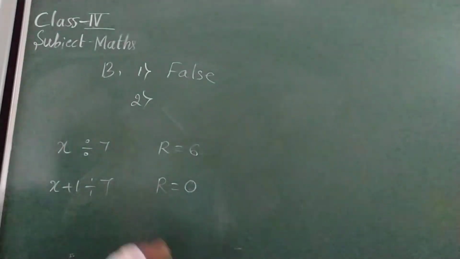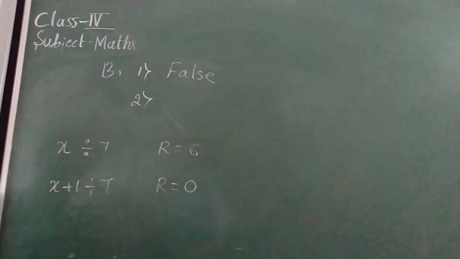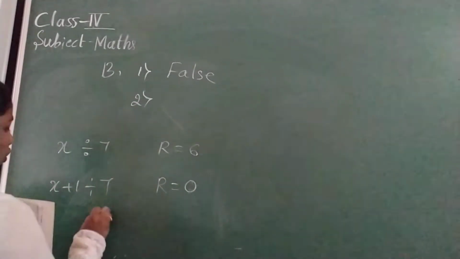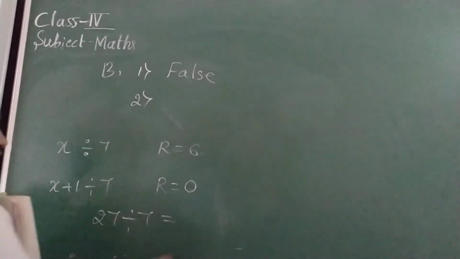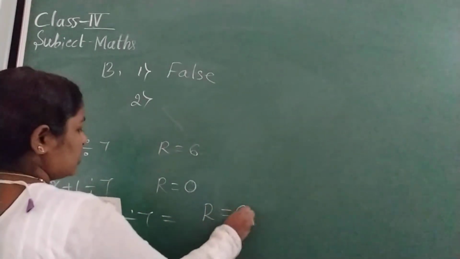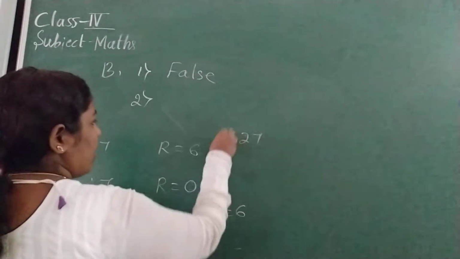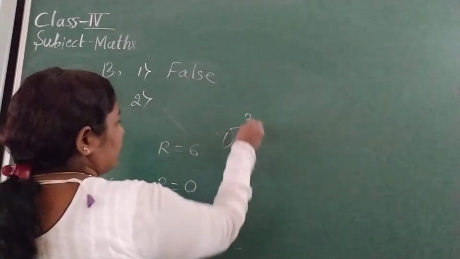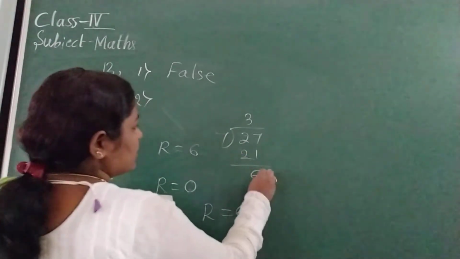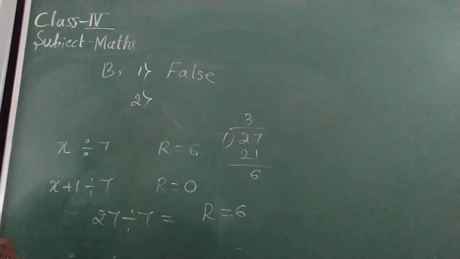I will tell you one example. 27 divided by 7. What will be the remainder? 6, because 7 3s are 21, and 6 is the remainder.